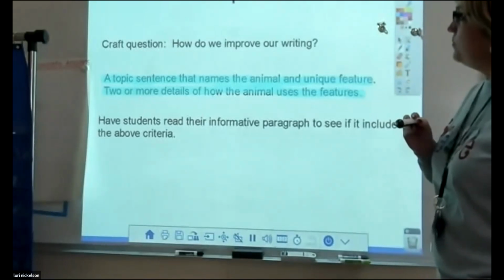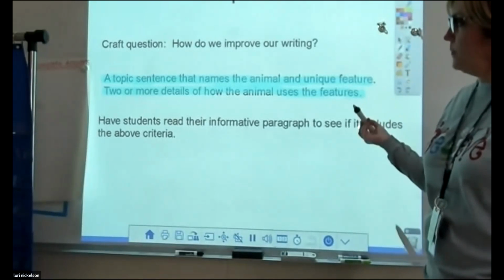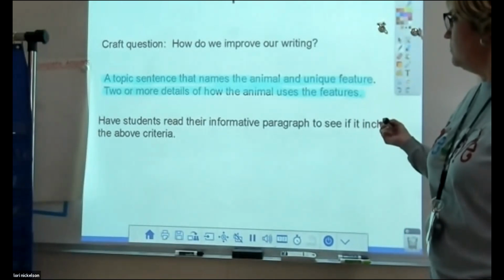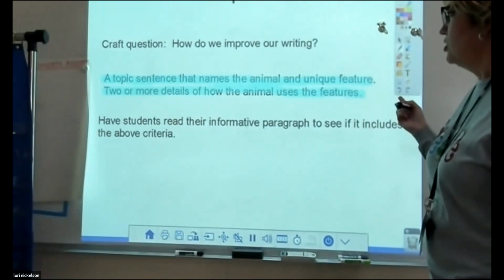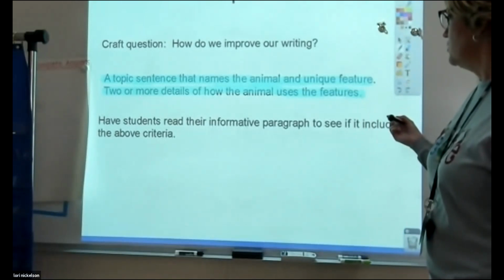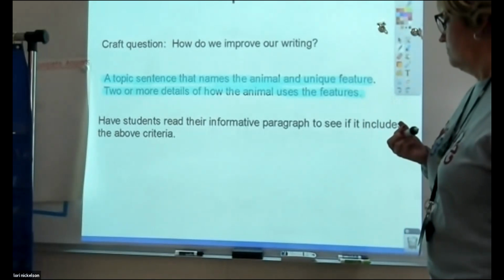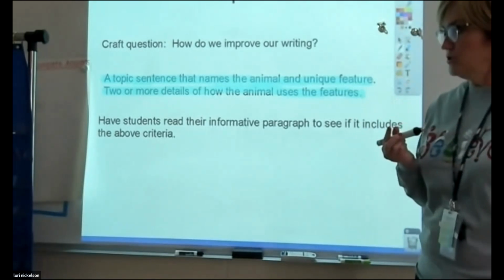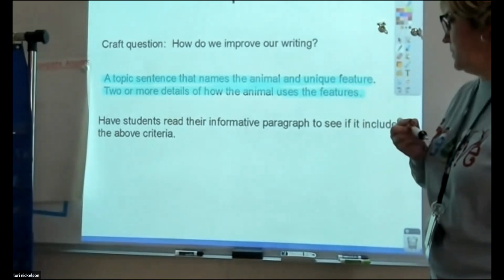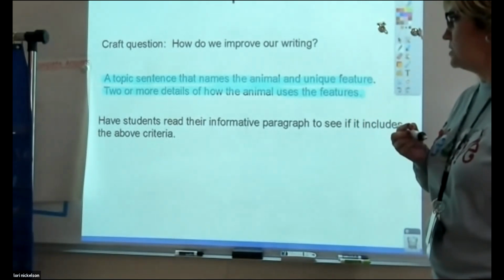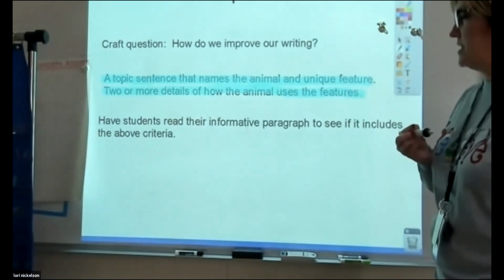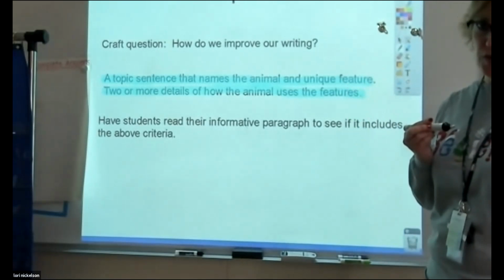So, how do we improve our writing? So, a topic sentence that names the animal and unique feature. 2 or more details of how the animal uses the feature. So, what I want you to do is read your informative paragraph to see if it includes a topic sentence that names the animal and its unique feature that you're talking about.